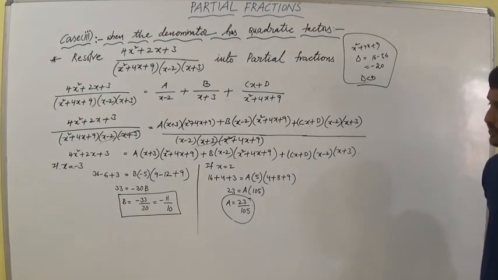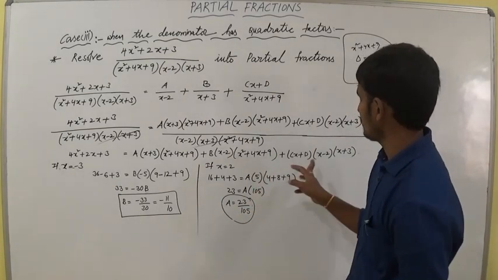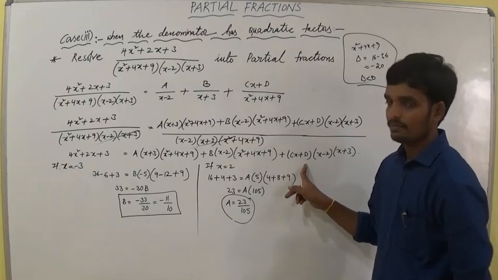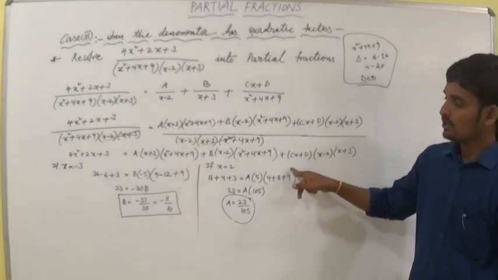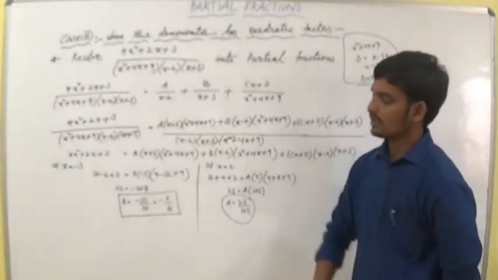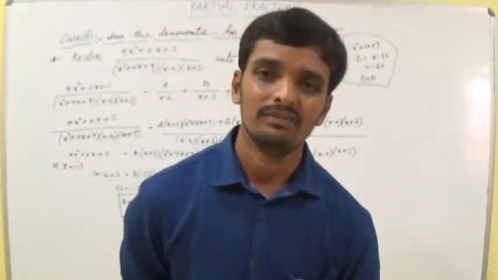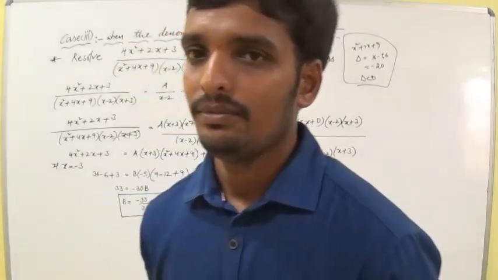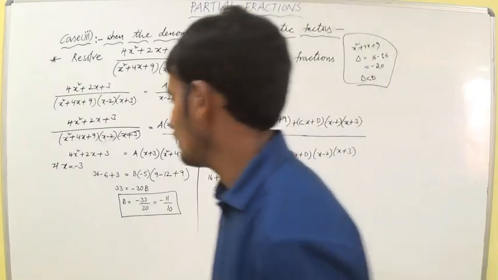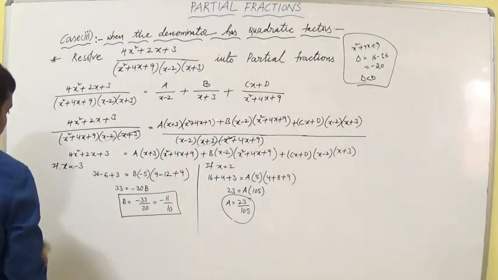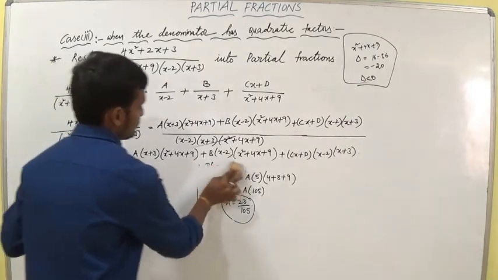If you substitute 0 in the place of x, you will get the value of D. After that you can get the C value. But by doing this method, it's getting somehow long. So we can use a different method, a different way. How is it? We'll see.